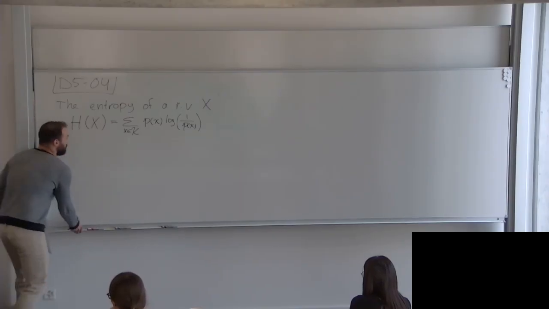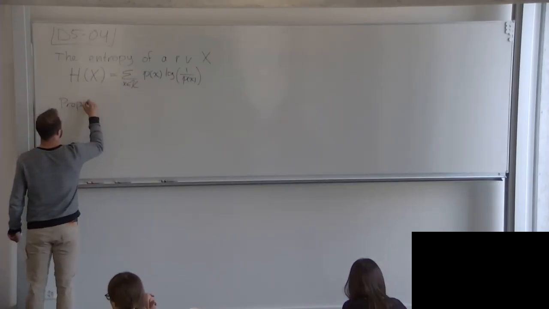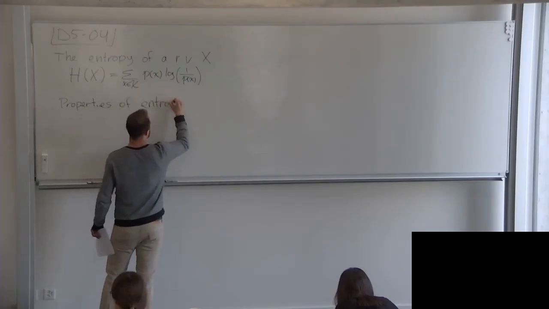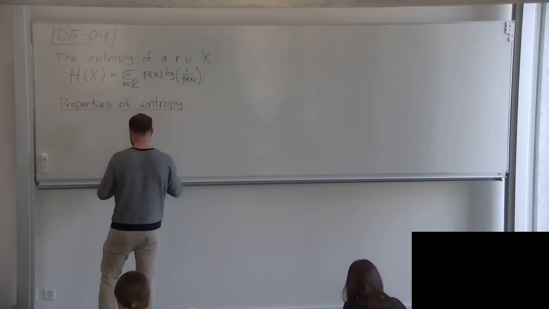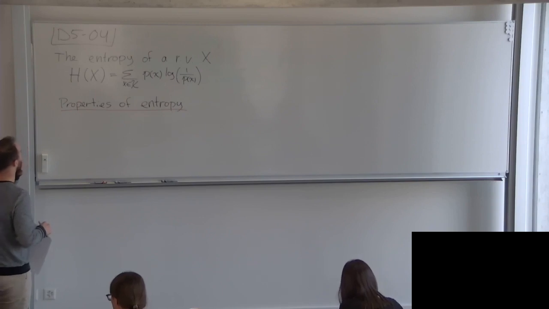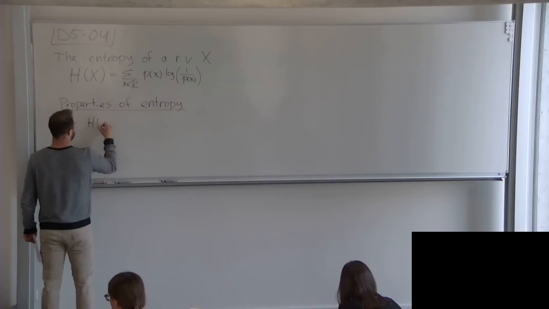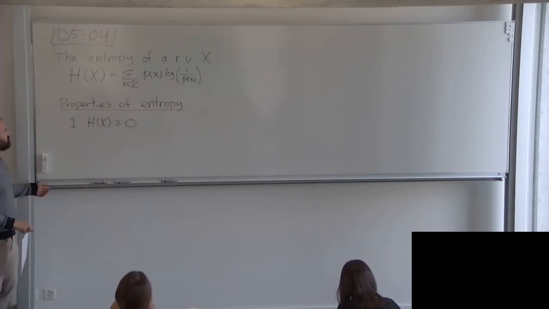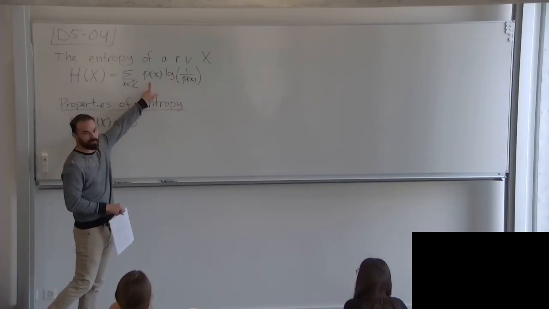Okay, let's go with some properties of entropy. First one is that it's greater than or equal to 0. How can we see that? Well, probabilities are greater than 0.